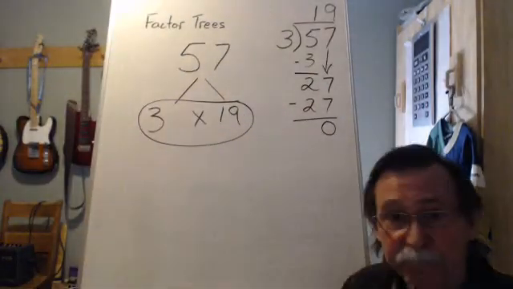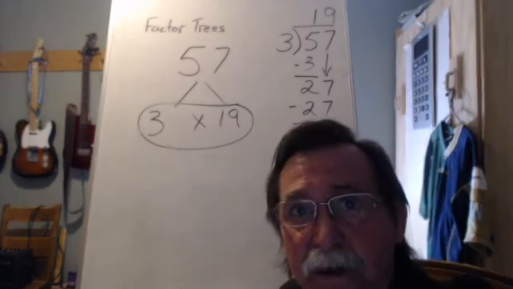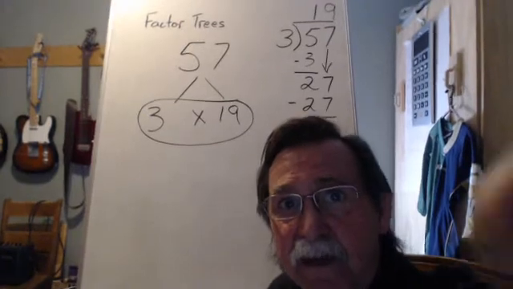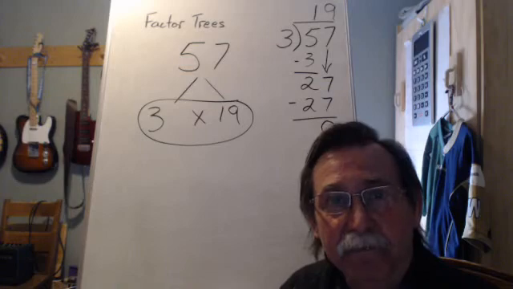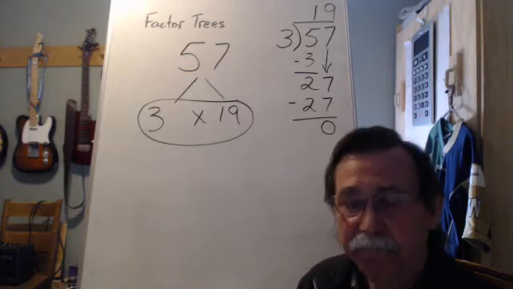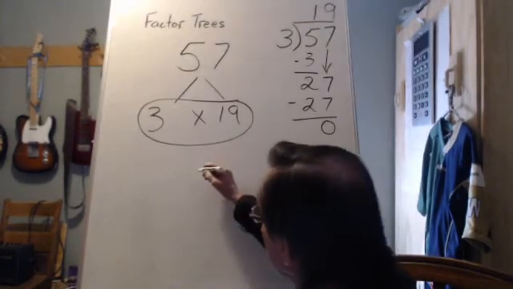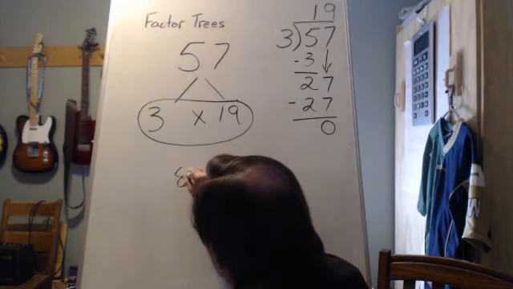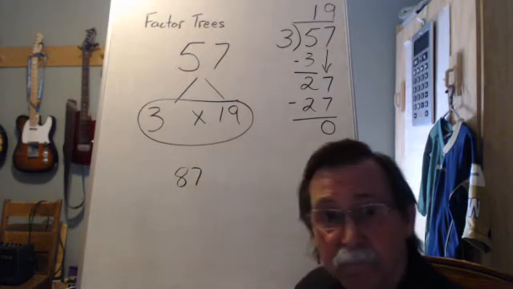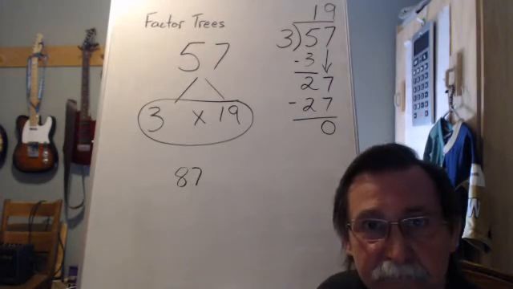So watch this trick of threes. I really like this. I can tell that a number is divisible by 3 if I take its digits and add them up and find that they're divisible by 3. Okay, that sounded like a mumbling idiot, but anyway, I'll try again. We have the number 87. Is 87 divisible by 3?